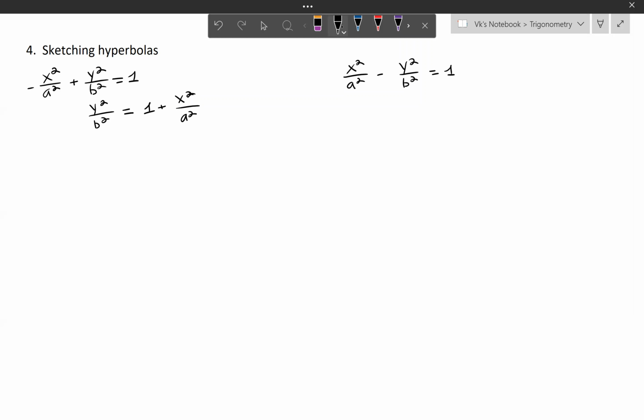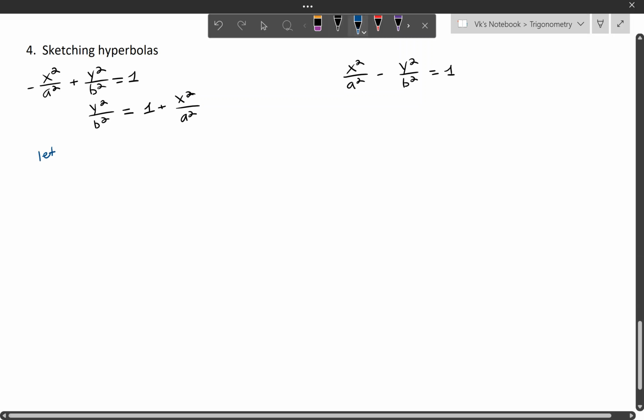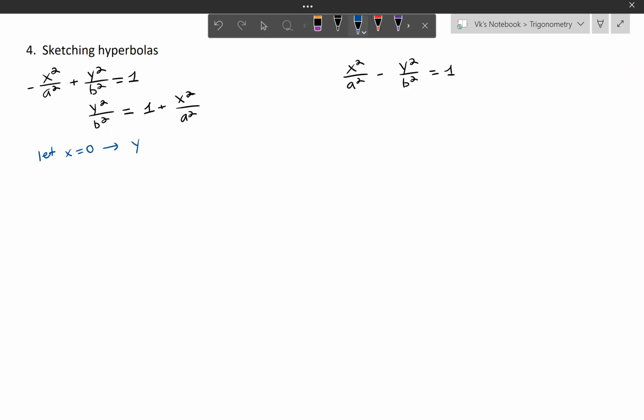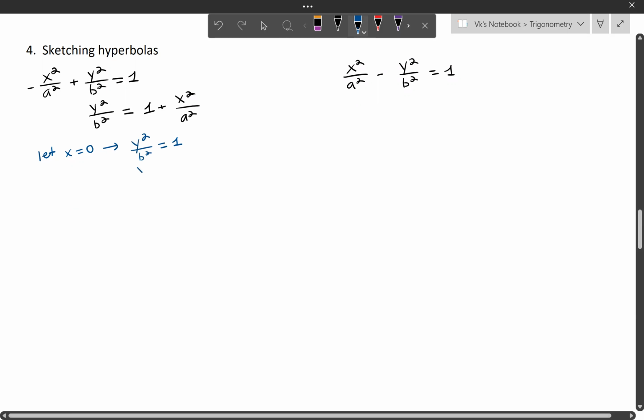And what happens here is we have the same vertices as in the ellipse. So if we let x equal to 0, then we see that y squared over b squared equals 1, and y is plus or minus b.